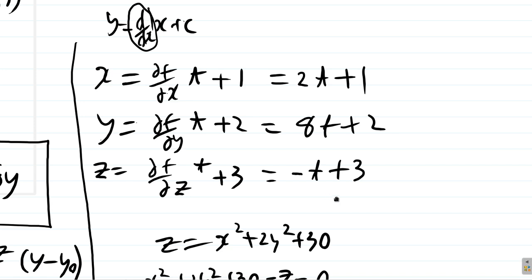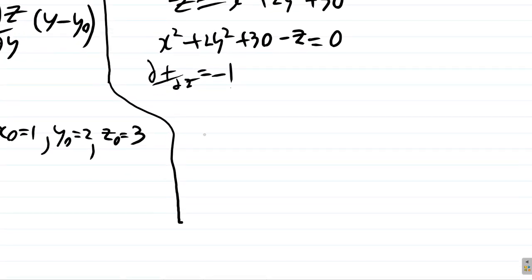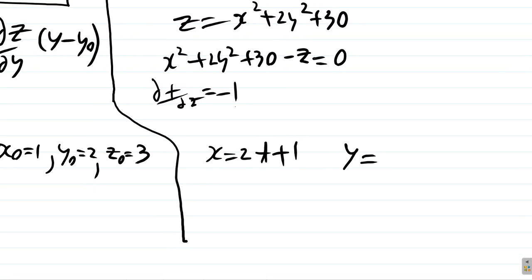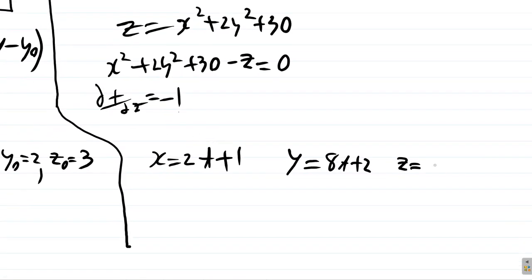So suppose you rewrite these. Let's write them down here. X equals 2t plus 1. Y equals 8t plus 2. Z equals negative t plus 3.